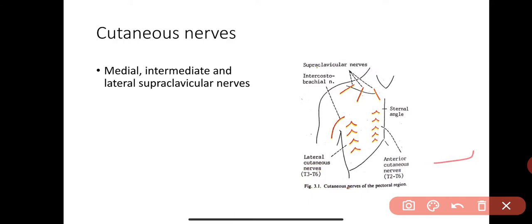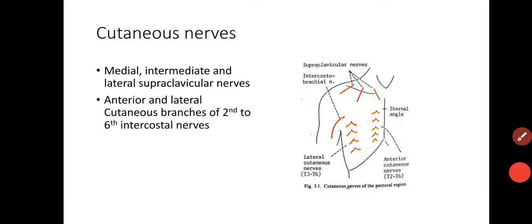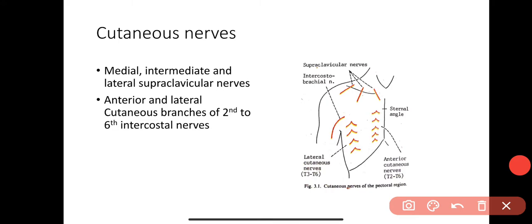Then the anterior and lateral cutaneous branches of the T2 to T6 intercostal nerves. This is the anterior cutaneous nerve from T2 to T6, and this is the lateral cutaneous branch from T3 to T6.